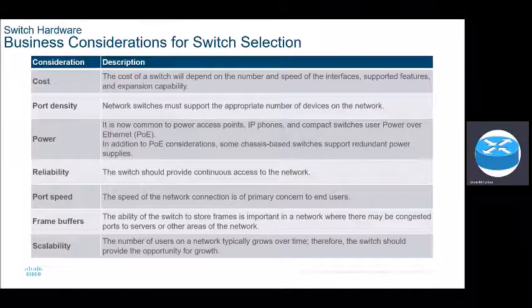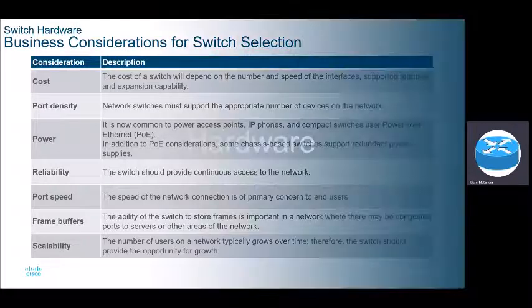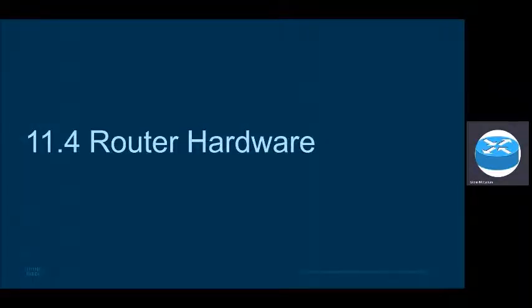So they need enough RAM so they can buffer enough packets. Scalability: the number of users on a network typically grows over time, therefore the switch should provide the opportunity for growth. If you've got 20 users, a 24 port switch is not necessarily going to be a great solution. You might want to buy the next size up so that you don't have to buy another switch later.